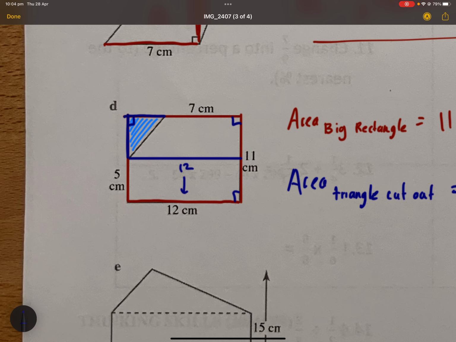Because this is 12. But from here to here is 7, which means that this is also 12, by the way. But from here to here is 7. So 12 minus 7 is going to give you 5, which means that this distance here is 5.